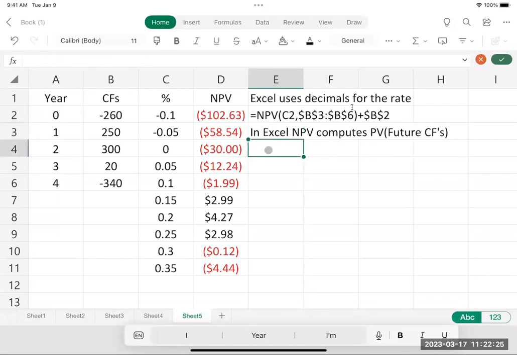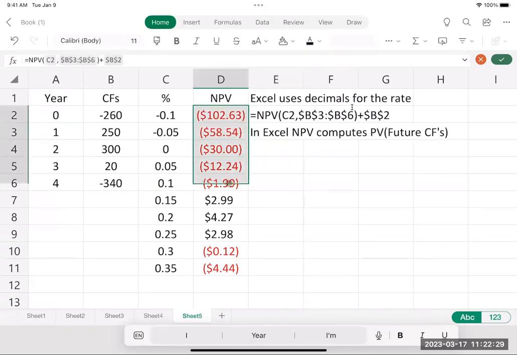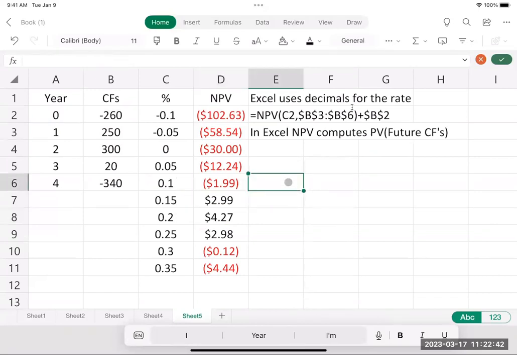Okay. Questions? So this shows that it's all negatives there, and then it goes to positive. When it goes to a positive, you know that the IRR is in here. In fact, we found, well, I found, or you found on your calculator, the IRR was 11%.